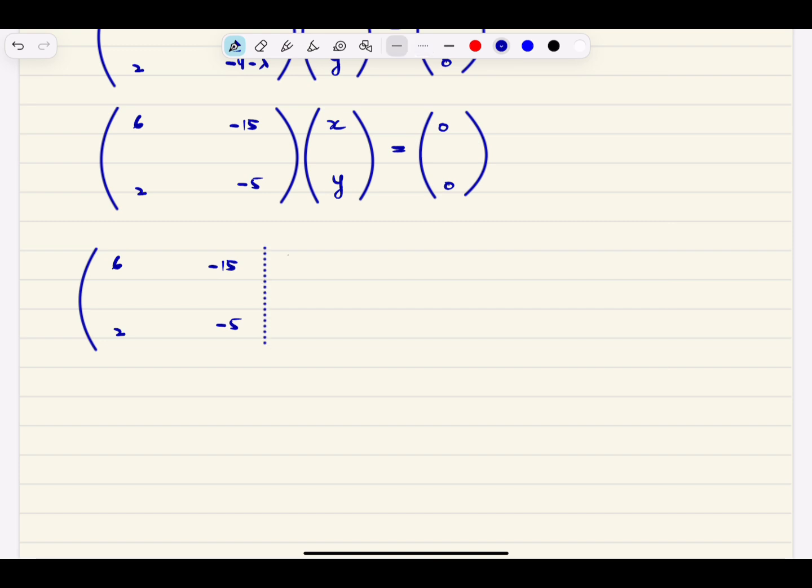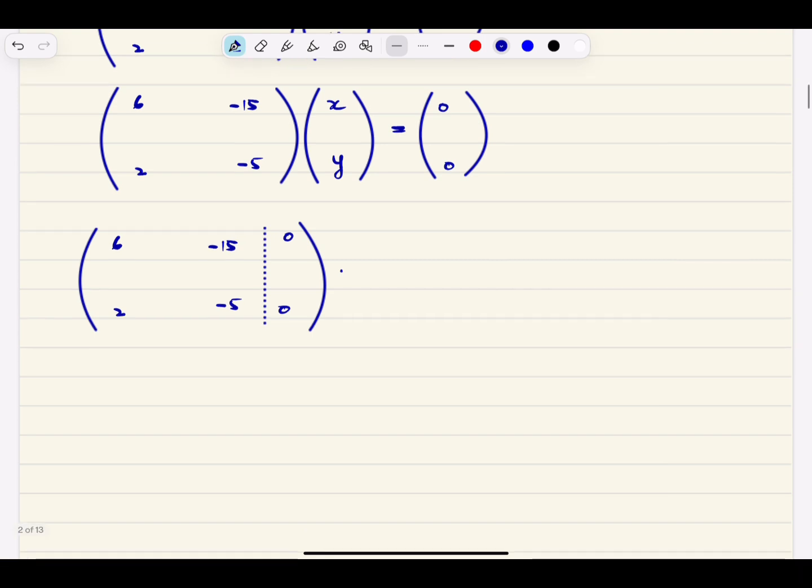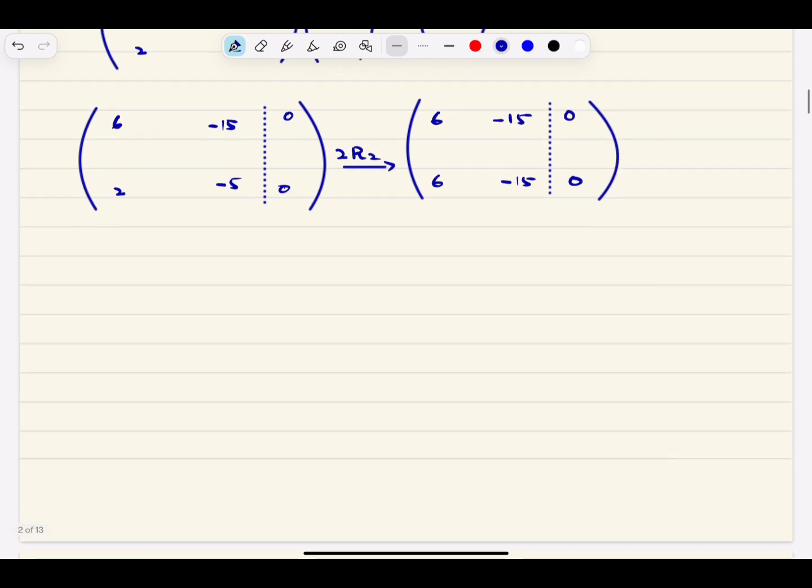So I'm going to first multiply row 2 by 3, and then I'm just going to subtract it. I'll do this first, so that I'm left with 6, minus 15, then 6, minus 15, and therefore we get a situation where we have infinitely many solutions.